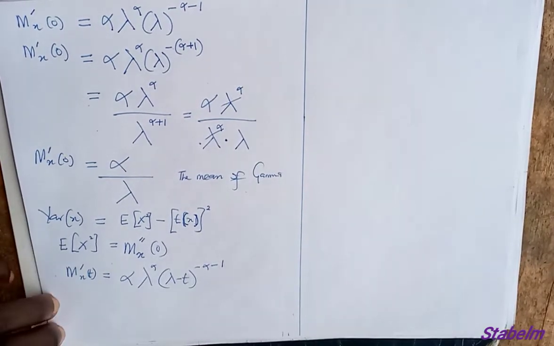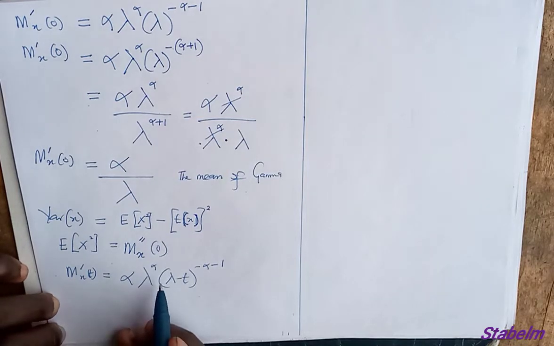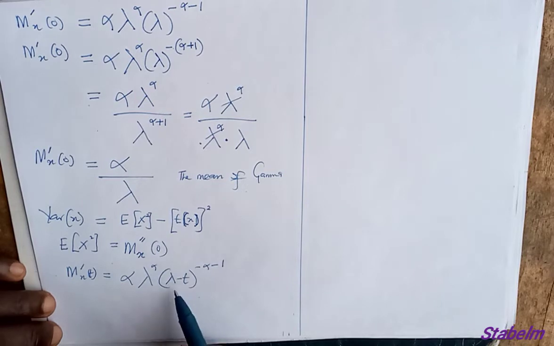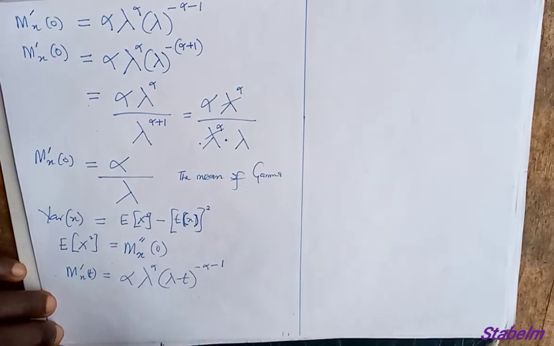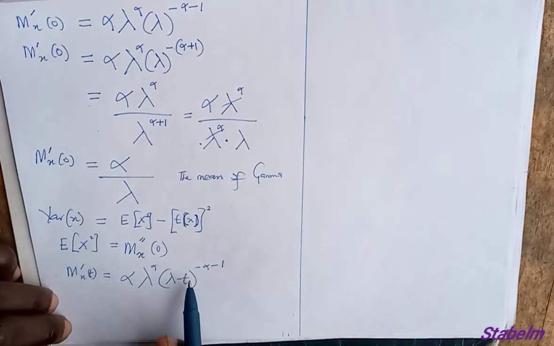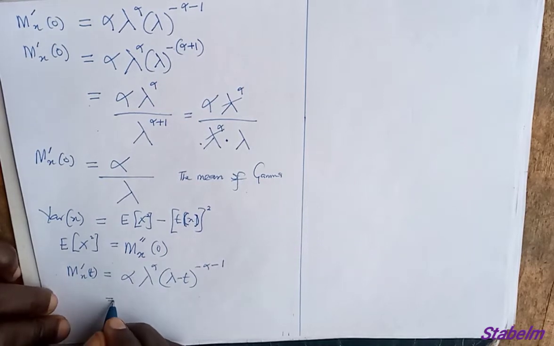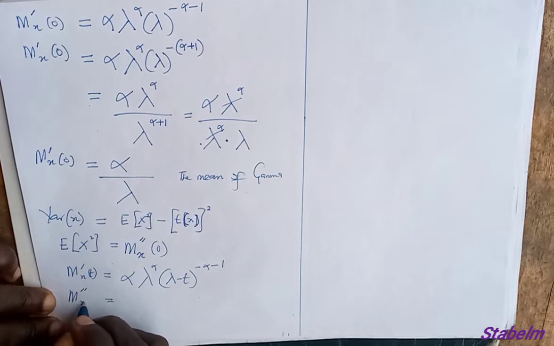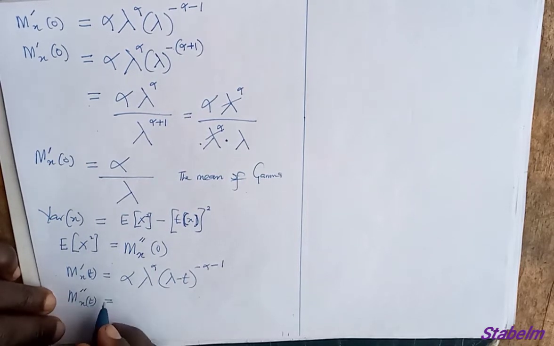All right, alpha lambda squared, this is what we want to differentiate now. This is a product rule, and this other function is a function of a function on its own. So we know how to use product rule and composite function. We are going to keep this and differentiate the other function here. So we are going to have M double prime X of t, that's the second derivative.